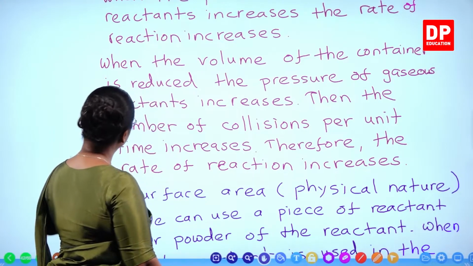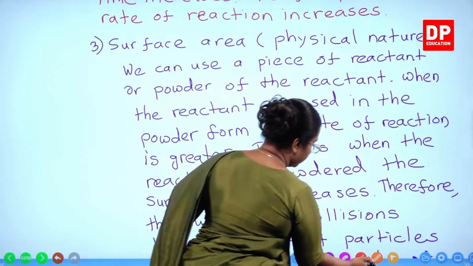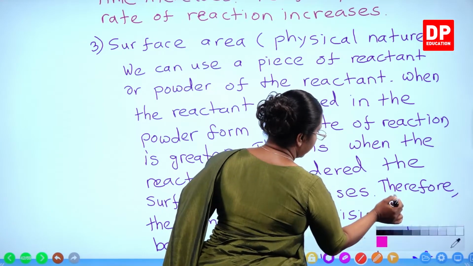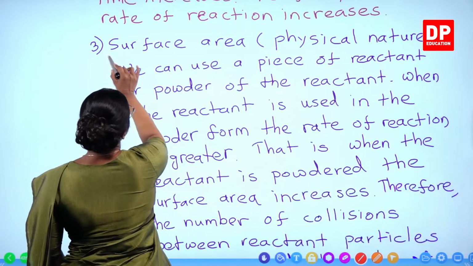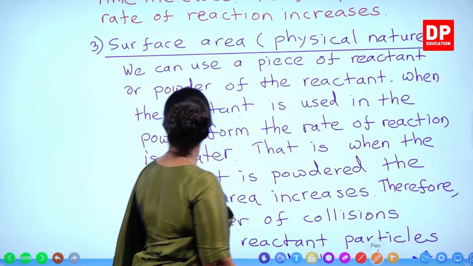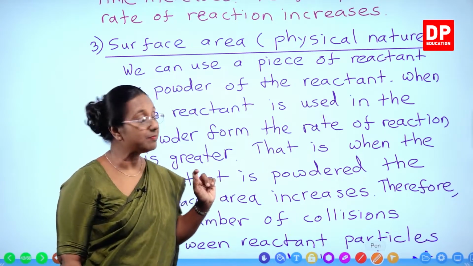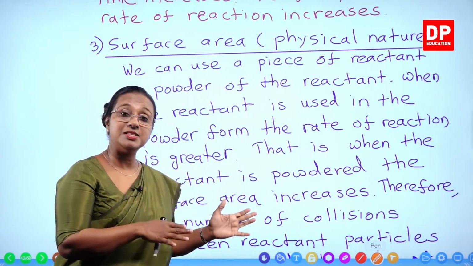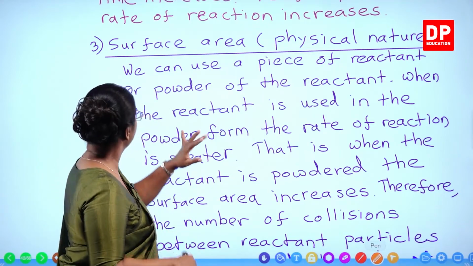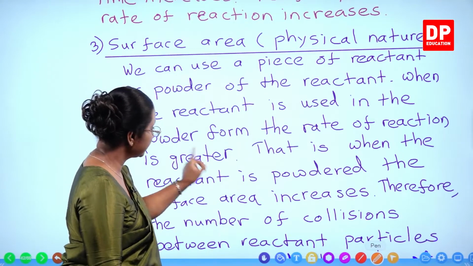Then the next factor that we discussed is surface area or physical nature of reactants. We can use a piece of reactant or powder of the same reactant, the same mass in the piece form or the powder form. When the reactant is used in the powder form, the rate of reaction is greater.